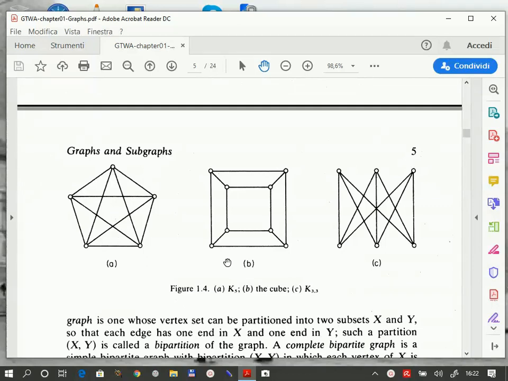Okay, give names. So, we can color vertices with different colors if they are in X or in Y. Suggestions.